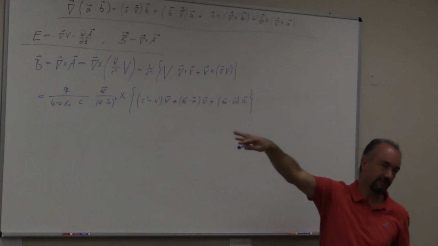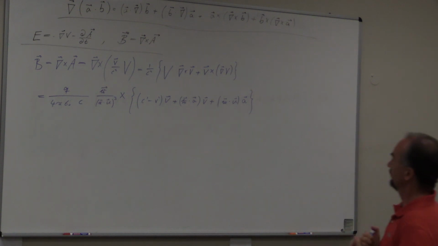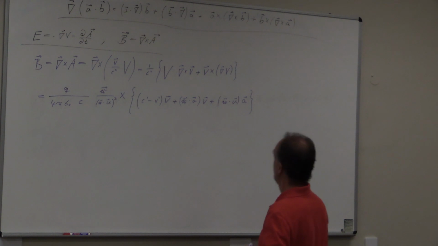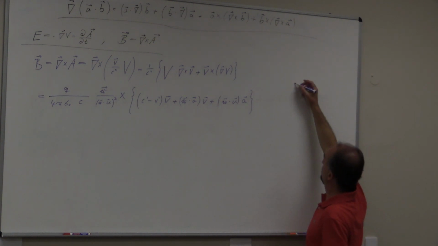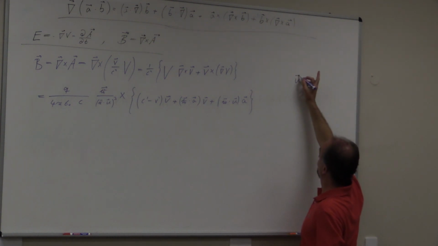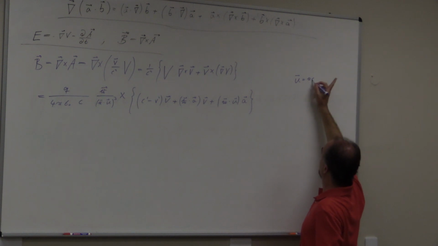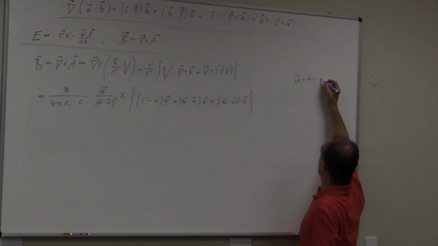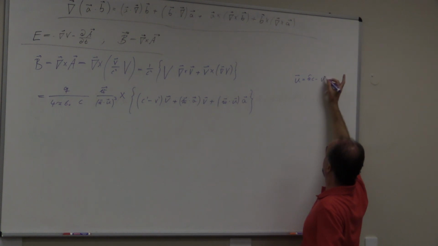We have calculated in these steps, so we don't want to go through that. Okay, now we remember that our vector u was rc minus v.